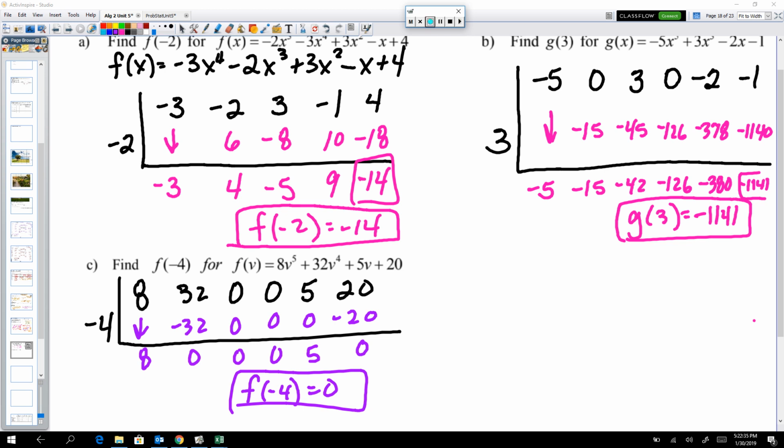But there were a lot of zeros in there, and so we had some setup steps that might have taken time away. So that's the kind of decision you can make on a big, end-of-year test like an SOL. But we'll certainly want to have you demonstrate both of these methods, direct and synthetic.